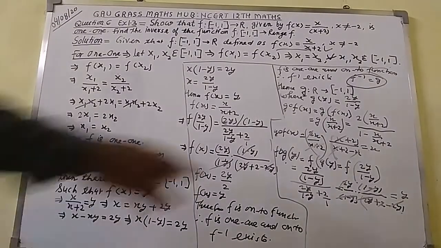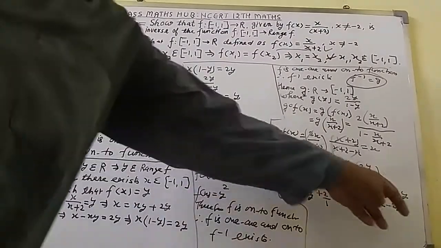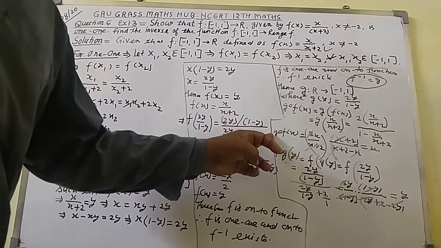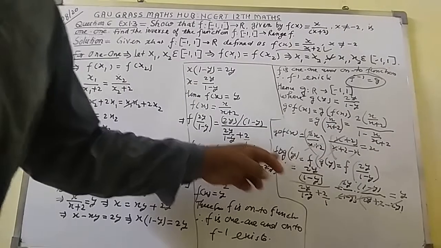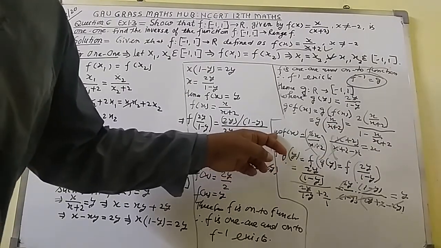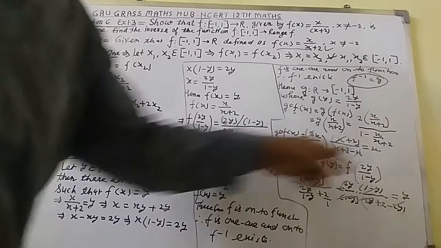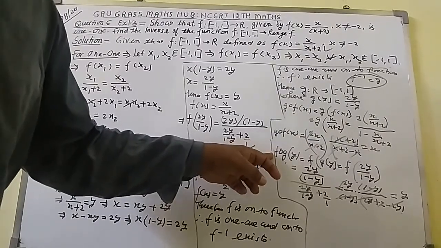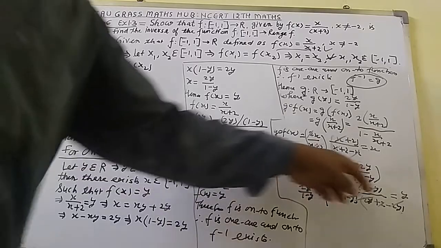Here you have got f of g equal to y and g of f(x) equal to x. You have got g of f(x) equal to x and f of g(y) equal to y.